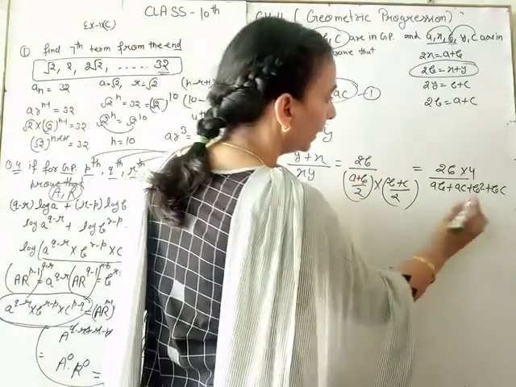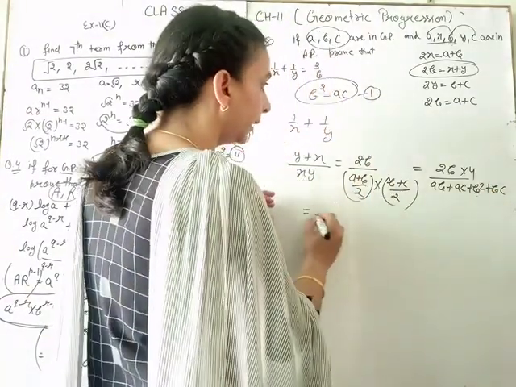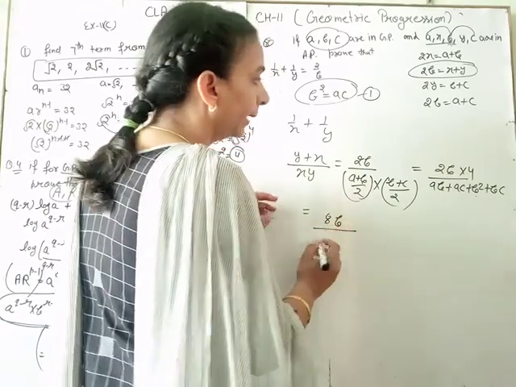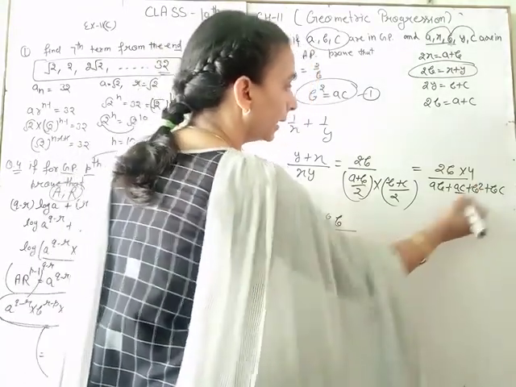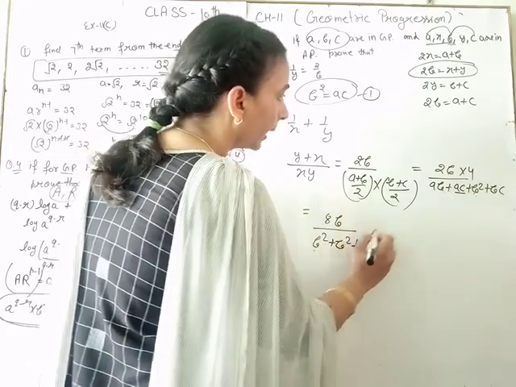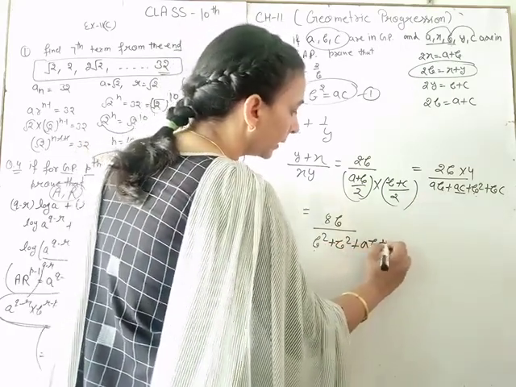In place of AC we write B square, so B square plus B square plus AB plus BC.